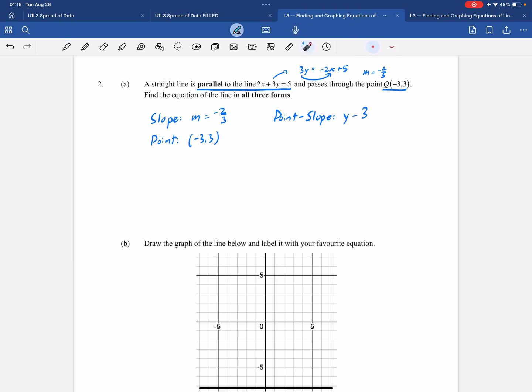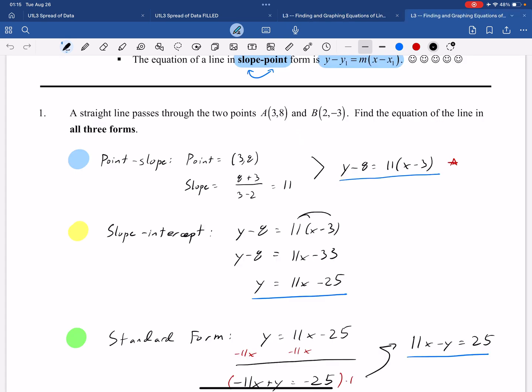Remember, point slope says y minus whatever your y coordinate is. That's the start, equals the slope. Well, the slope here is negative 2/3 times x plus 3, right? Because we have x minus the x coordinate, x minus negative 3 is plus 3. Okay, done.